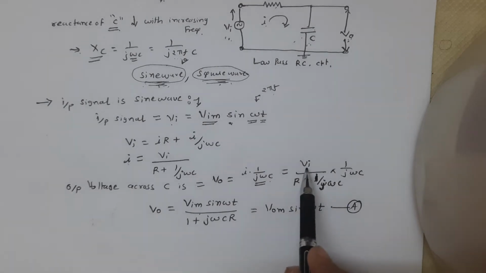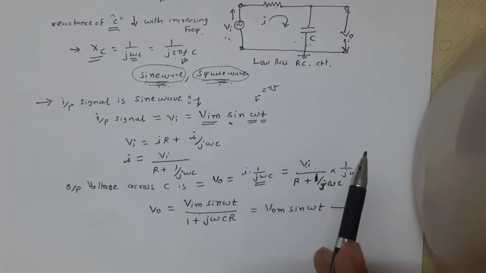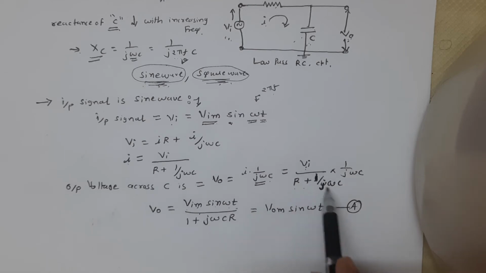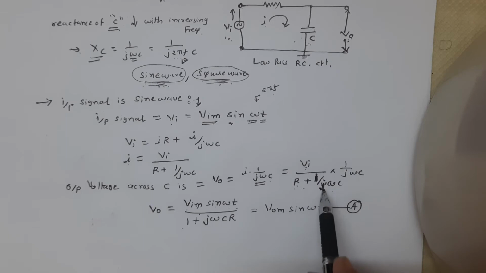See here, we are putting the value of Vi. Vi is equal to Vim sin omega t. So instead of Vi, we use Vim sin omega t. Then 1 upon R plus 1 upon j omega C, divided by R, divided by R, 1 upon j omega C, divided by R, j omega C into R. Right?